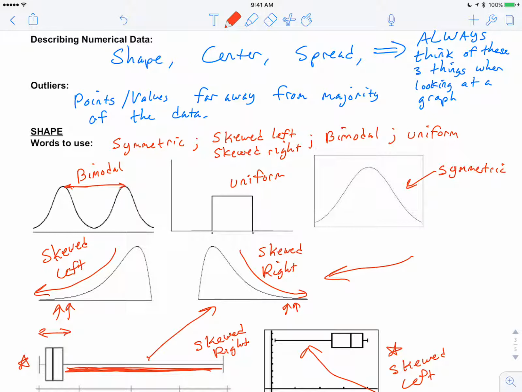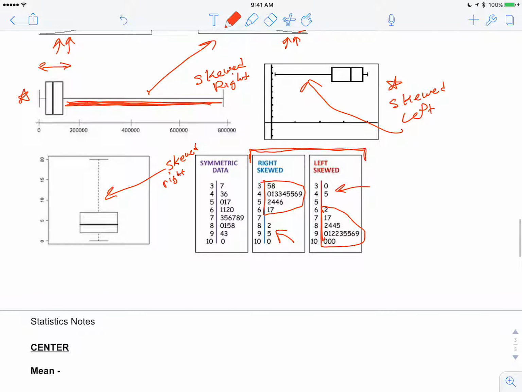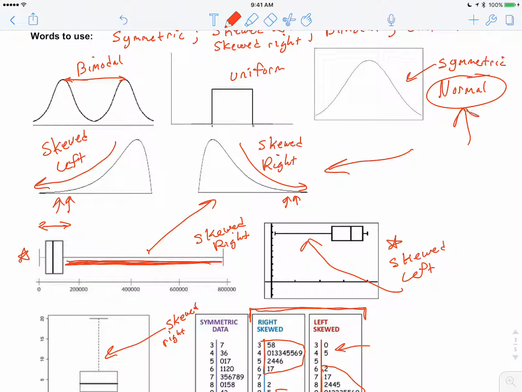Eventually we'll talk about how this graph is actually called normal. That should be review for you, but we'll talk about more of that later. But this is definitely symmetric. More like the stem plot here, symmetric data, very similar to the symmetric curve up top, right there.